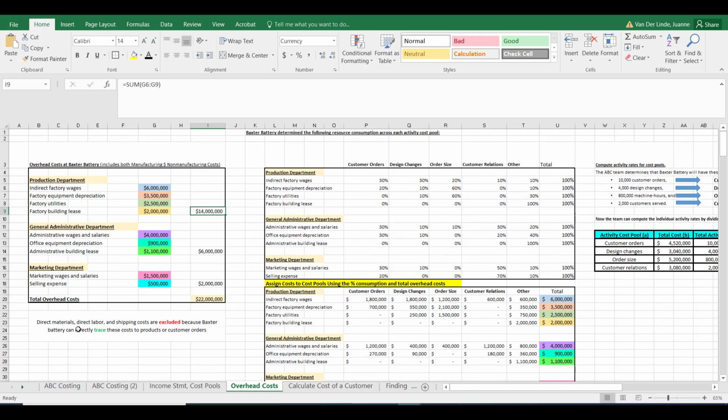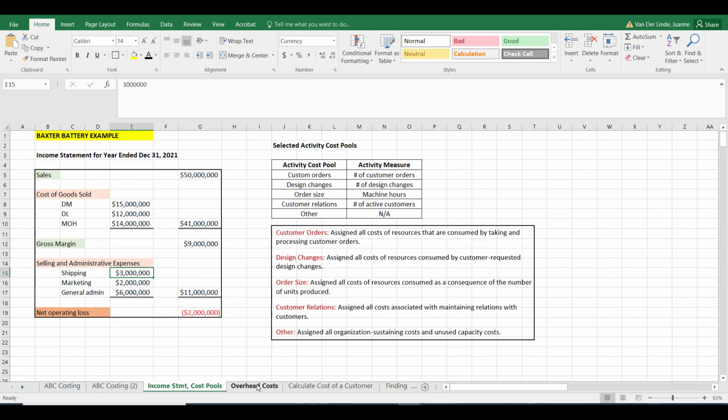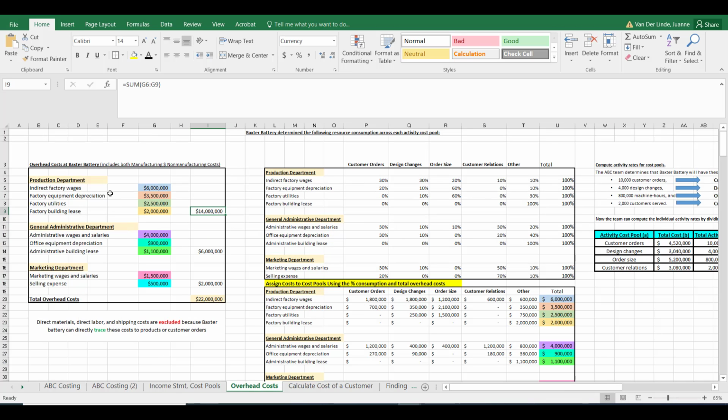And it's important to note here that this is just overhead, so we're not including direct materials, direct labor, and shipping costs here, because we see here's also $3 million of shipping costs. We're not including that in this table here because those costs don't get assigned to products, they're traced to products. Those are 3 categories of costs that we can immediately and directly trace to a specific product, because those are traceable costs.